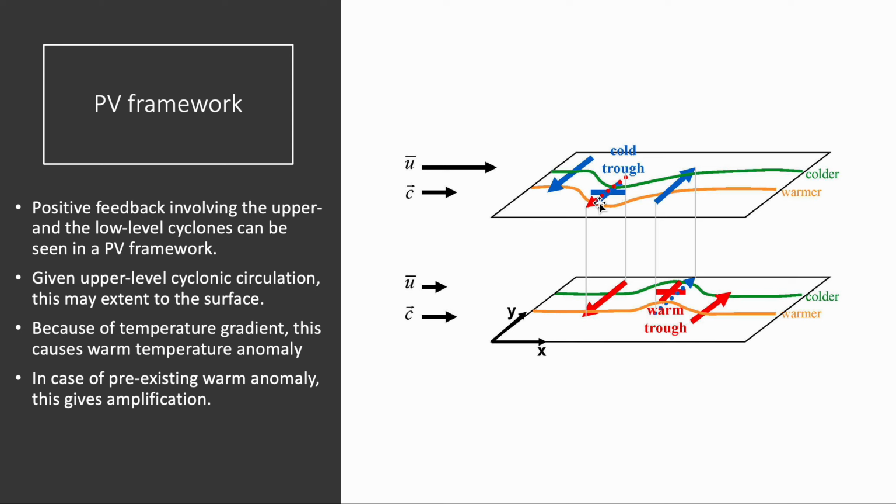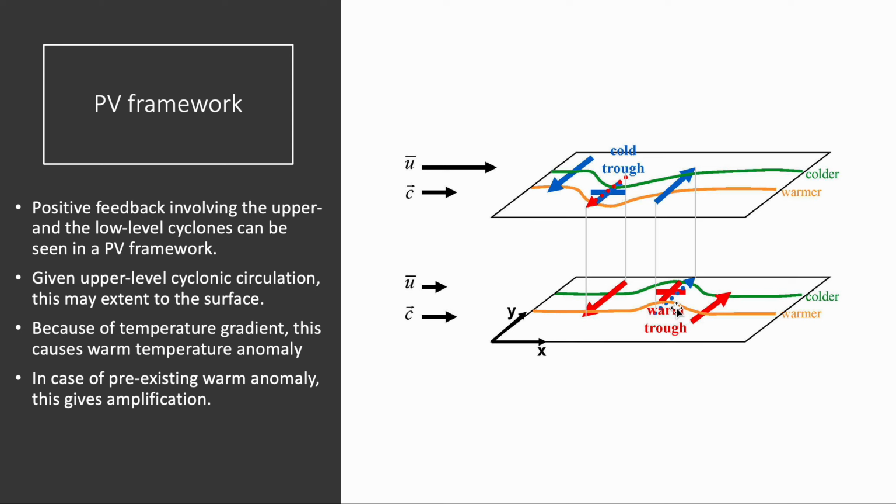If we assume that there's a normal meridional temperature gradient, as we would expect near a jet stream, then in this case we would expect some cold advection coming all the way down over here. However, this cyclonic vorticity over here will likely cause warm advection over here.